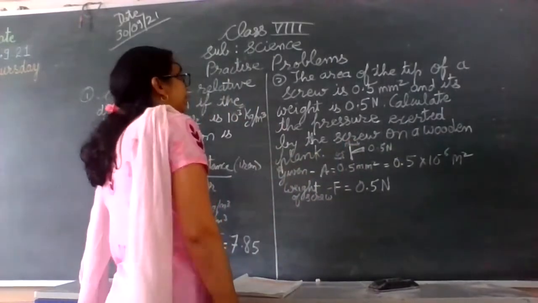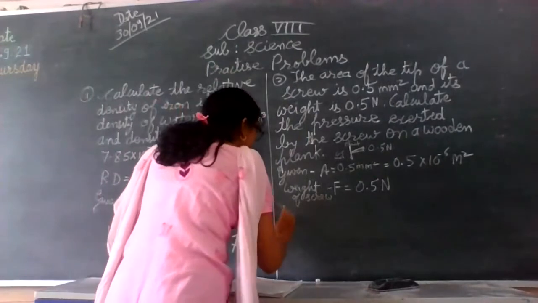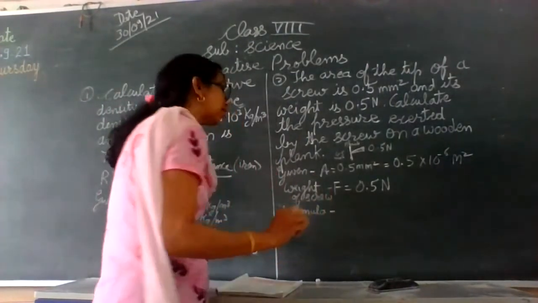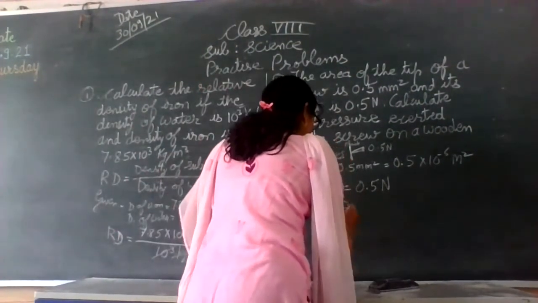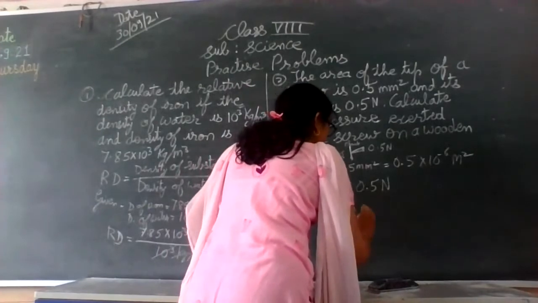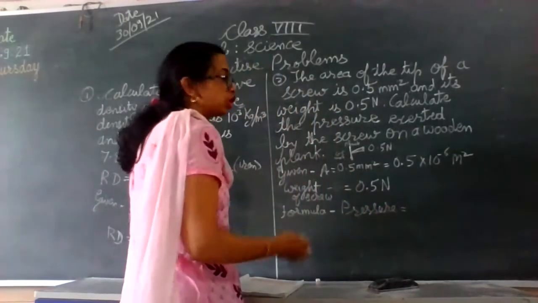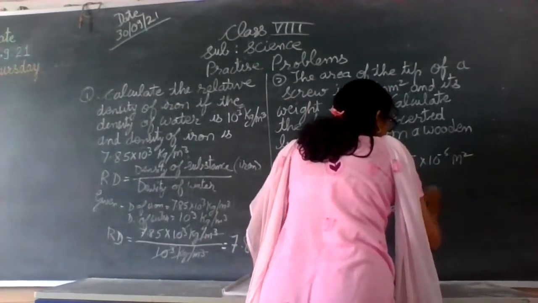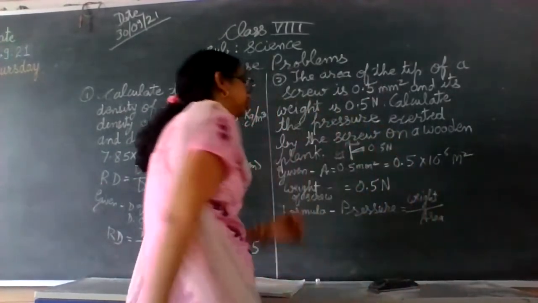Now, we have to find the pressure. What is the formula for pressure? Here, instead of force, they have given us weight, divided by area.